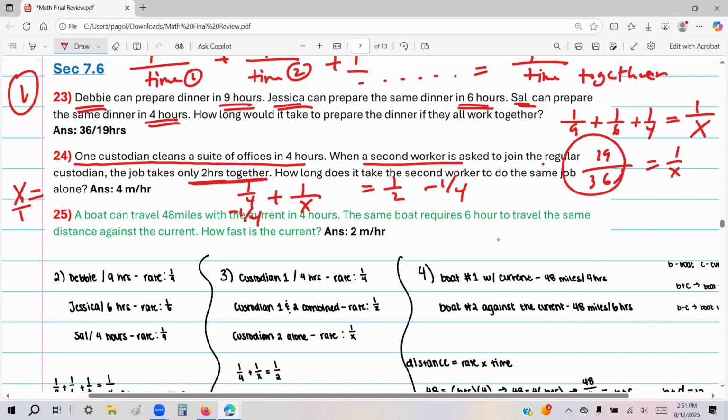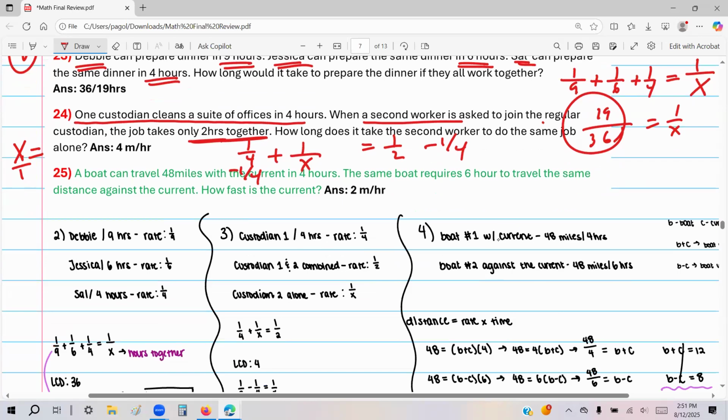The next one is the boat problem. For a boat problem, if they do not give you what's called speed, you have to find the speed. For example, here they didn't give us speed, but they give us the information to find the speed.